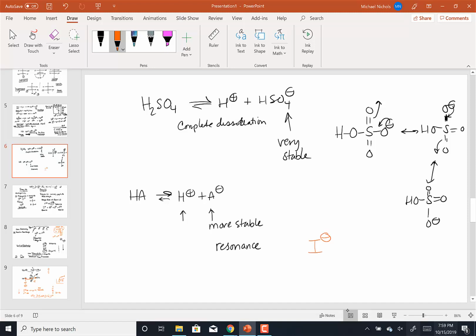The only thing that is going to be better than I minus is to find a weaker base. Well, remember this fundamental relationship: if I can make the conjugate base more stable, I can make it weaker, because the conjugate acid becomes stronger.